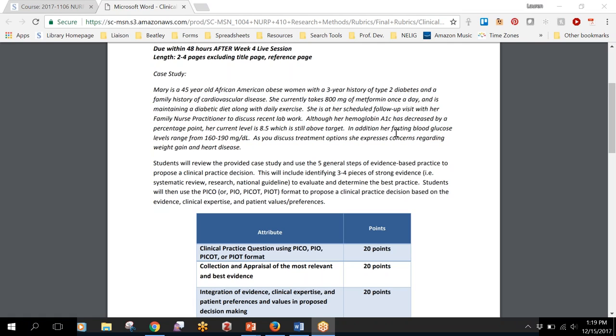So you're probably not going to find a single source that addresses all of those elements. More likely you're going to find one that talks about maybe medication for diabetes, one that talks about other types of interventions, one that addresses cultural and value implications, things like that.